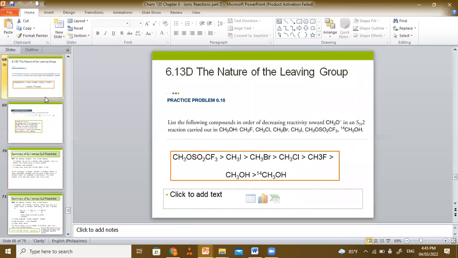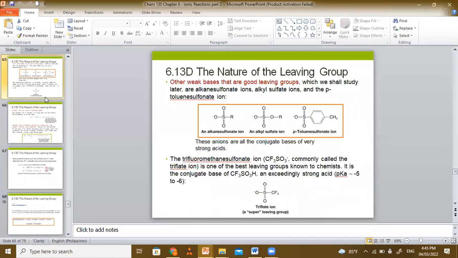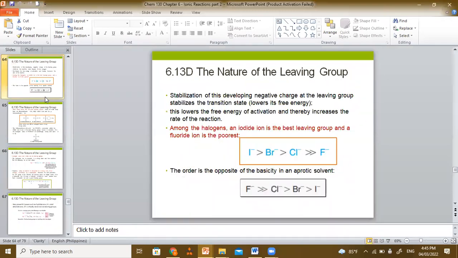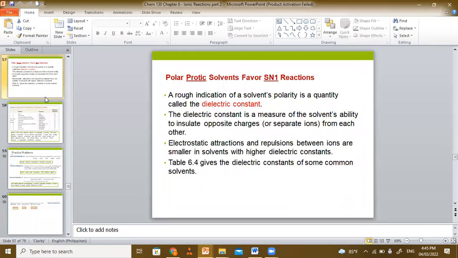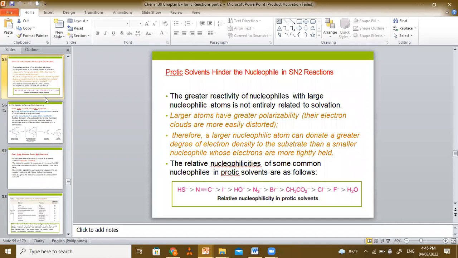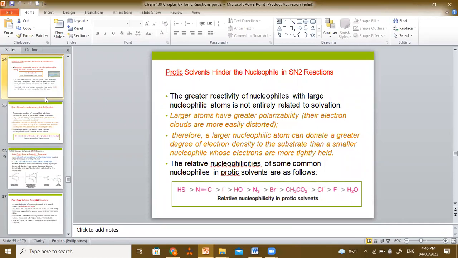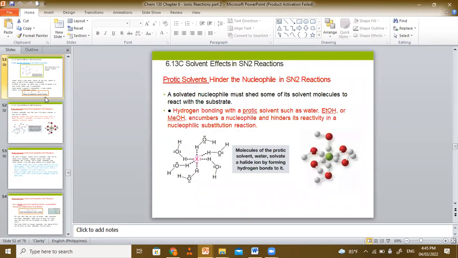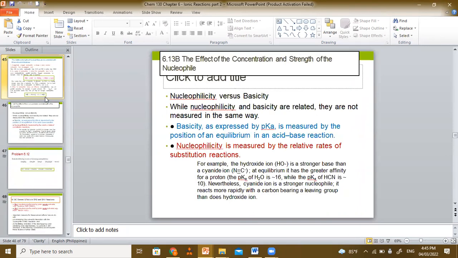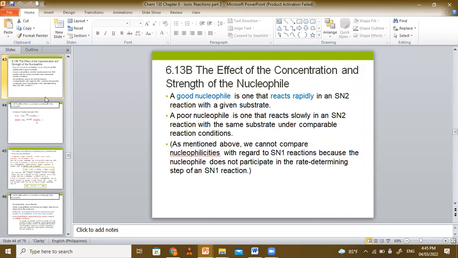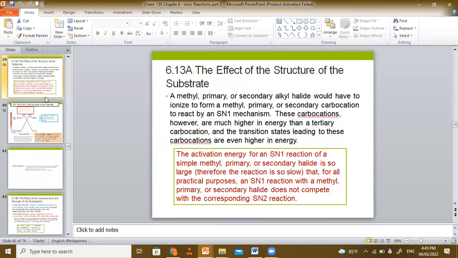Okay, so last meeting we discussed the SN1 reactions, and we talked about the difference between the SN1 and the SN2 reactions. So today we're going to discuss what would favor SN1 or what would favor an SN2 reaction.